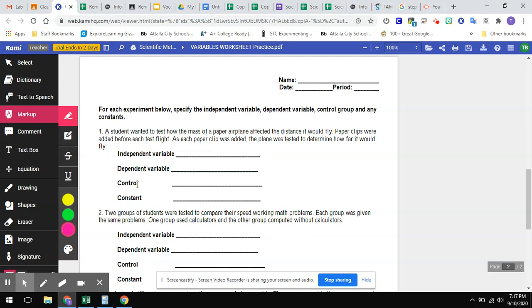But a constant, something that you would want to keep the same, is that it needs to be the exact same model of airplane. You want the same person making it, every crease needs to be the same. The paper needs to be the same type of paper, and on and on. You could think of all kinds of things that would need to stay the same about that experiment.